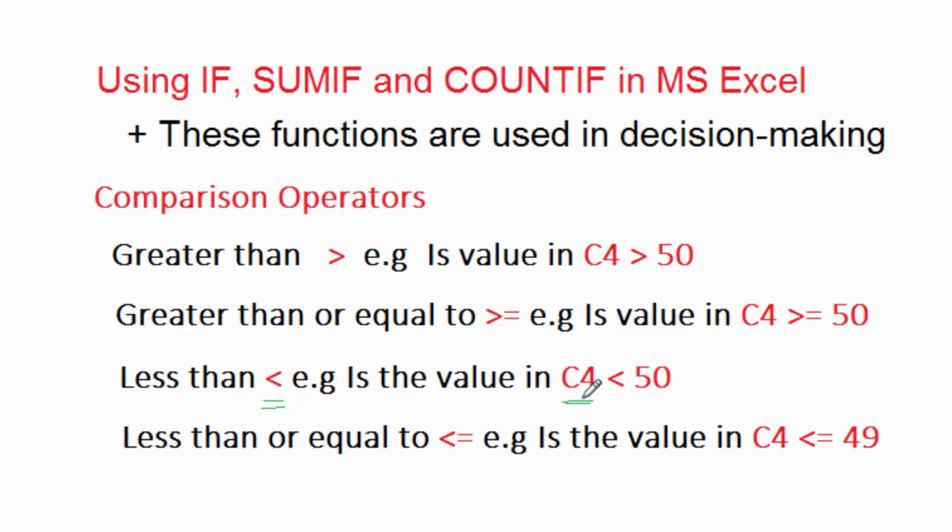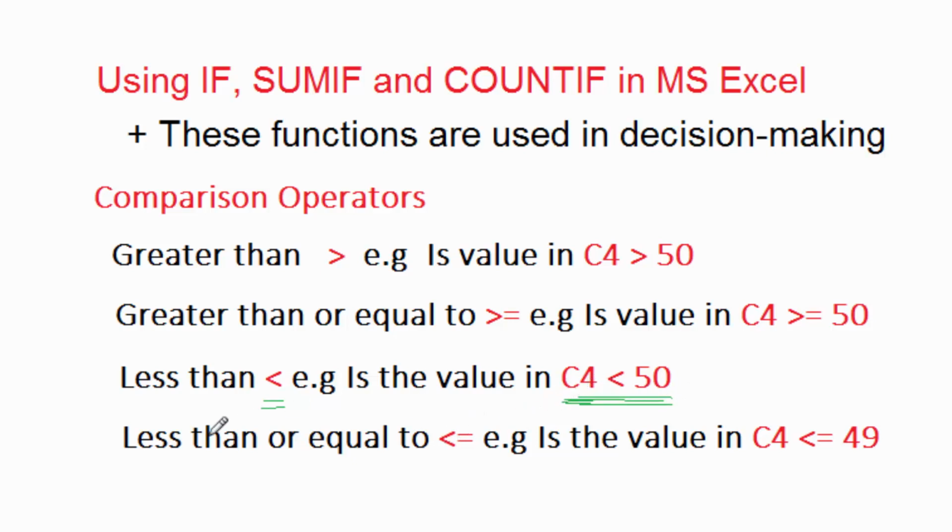And in case what is in C4 is maybe 70, in that case 70 is not less than 50, and this expression will return false.